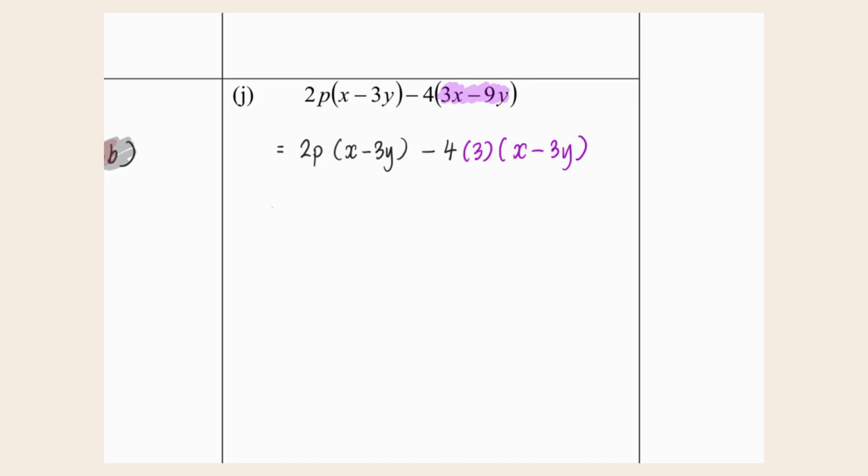And then from here, I can just simply take out all the common factor now. If I compare 2 and 4, I know that there is a common factor 2. Also, x minus 3y is also a common bracket, meaning common factor. That's what I'm going to extract out as well. And I'm left with p here.